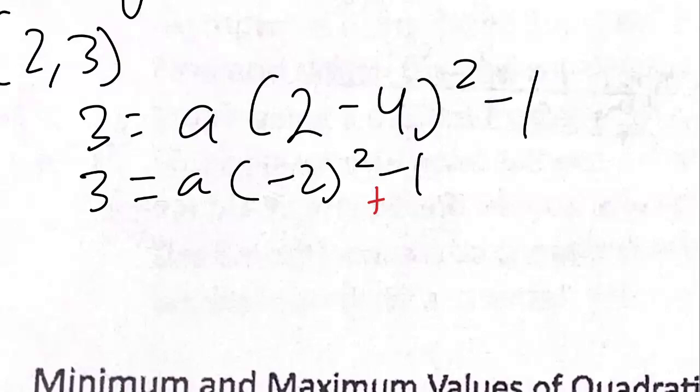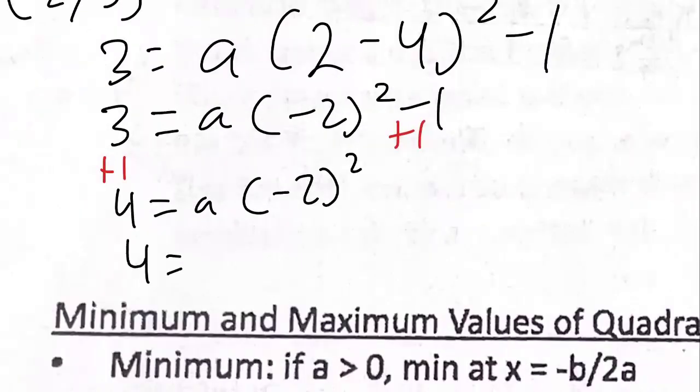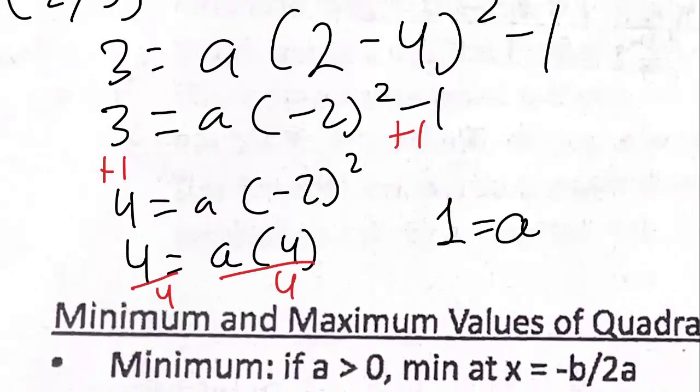I'll add 1 to both sides, so you'll get 4. -2 squared is +4. Divided by 4 is equal to +1.